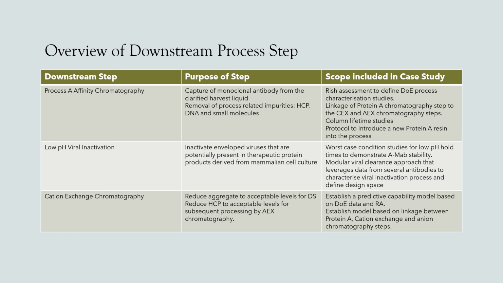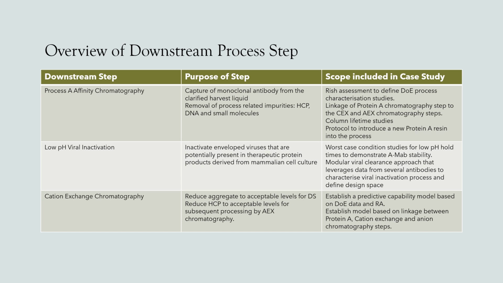There are some things that you can't control, so you need to have actions in your manufacturing process that mitigate the potential for introduction of adventitious agents. In any case, this is specific to enveloped viruses, and later on we will see the nanofiltration for non-enveloped viruses.